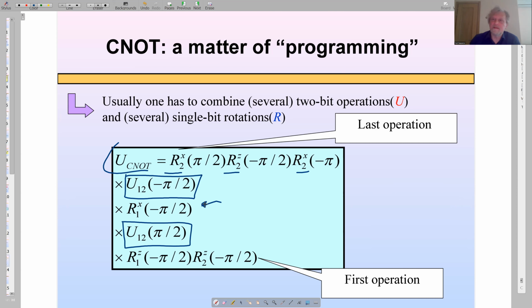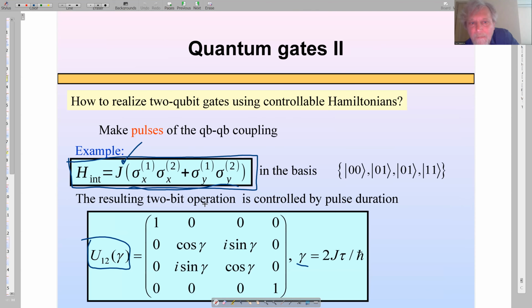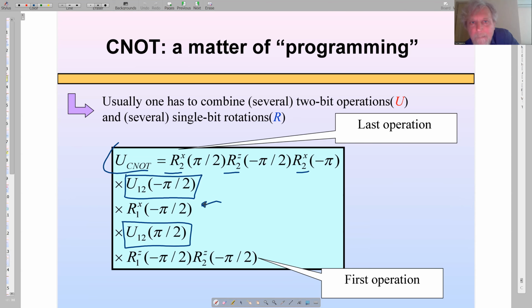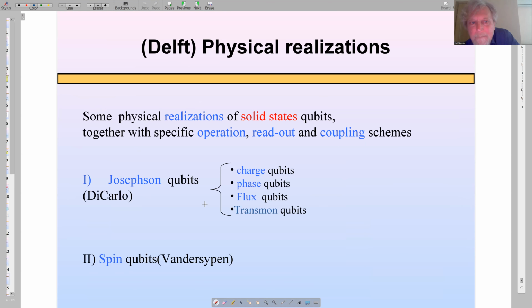All right, that was about abstract qubits, and we still have like half an hour to talk about physical realizations. Fine.